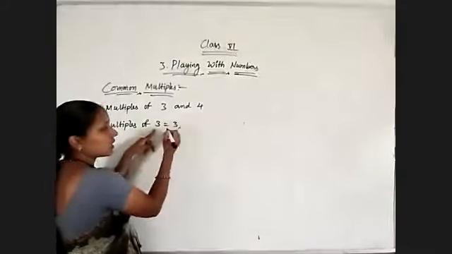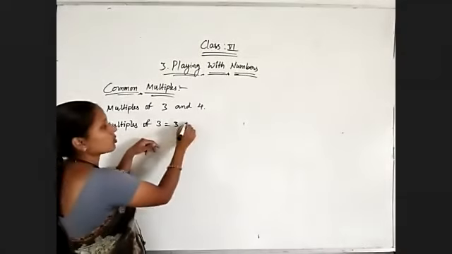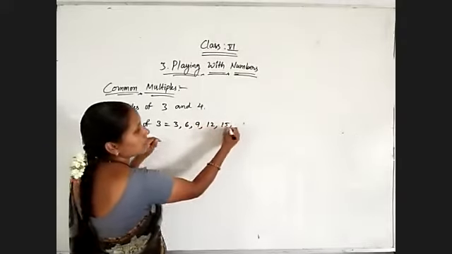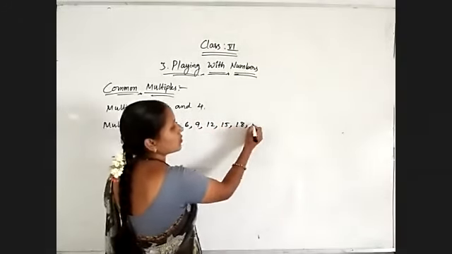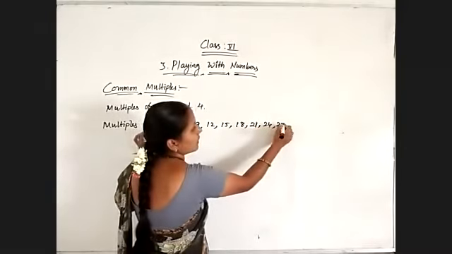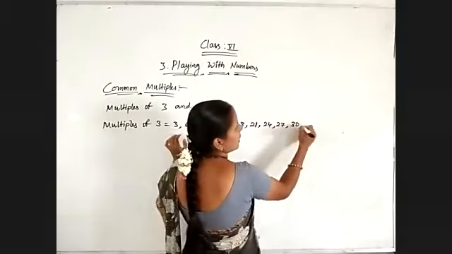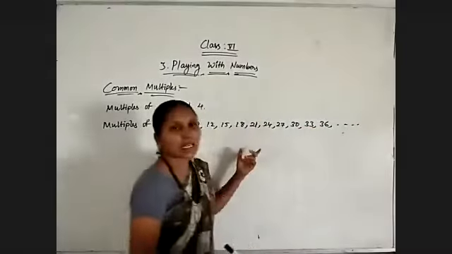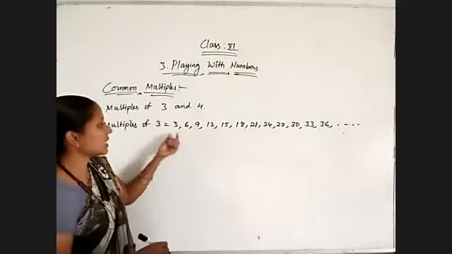Multiples of 3: 3 multiplied by 1 is 3, 3 twos are 6, 3 threes are 9, 3 fours are 12, 3 fives are 15, 3 sixes are 18, 21, 24, 27, 30, 33, 36 and so on. All these are multiples of 3. Just add 3, 3, 3.